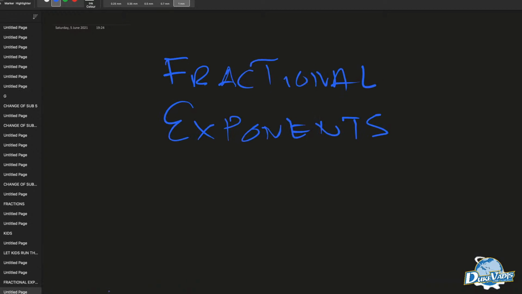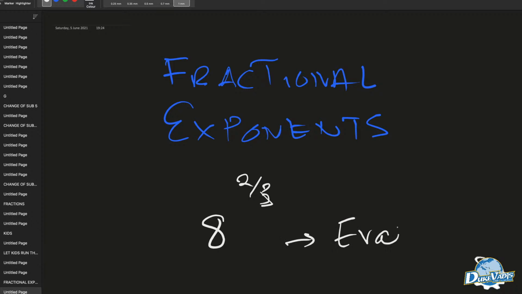Beautiful. So, for instance, if we have a value like 8 raised to the power 2/3, and we have been asked to evaluate 8 raised to the power 2/3.